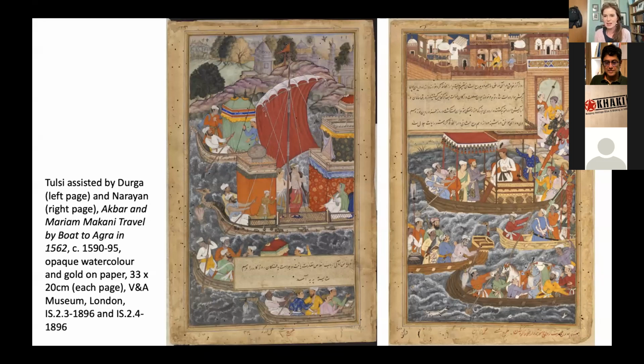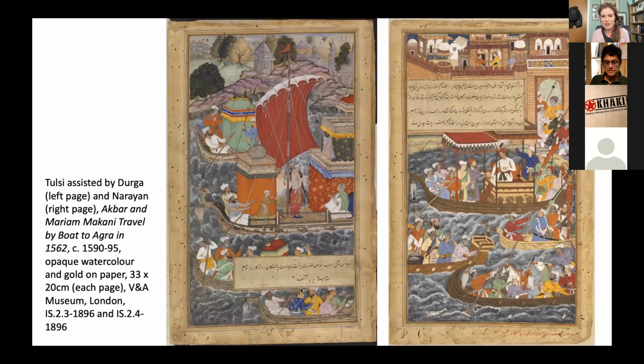And we see in the painting Akbar seated on his boat, he's open, he's got the members of his court. I love how we have all the close members of his entourage and even his special horse in the boats as they travel down the Yamuna River.